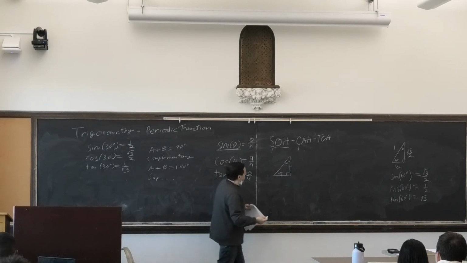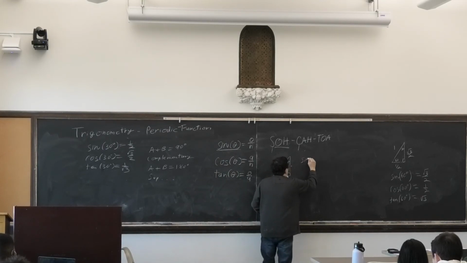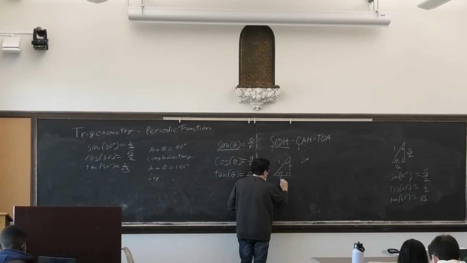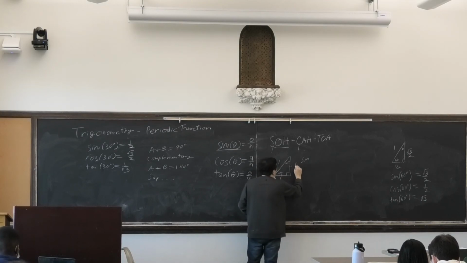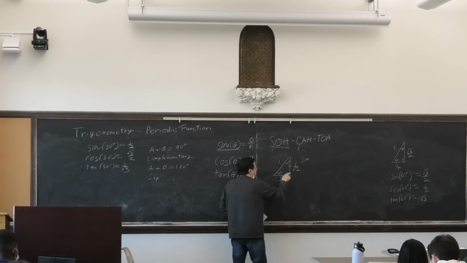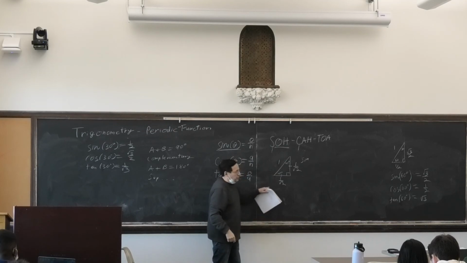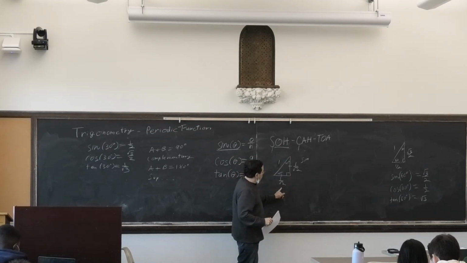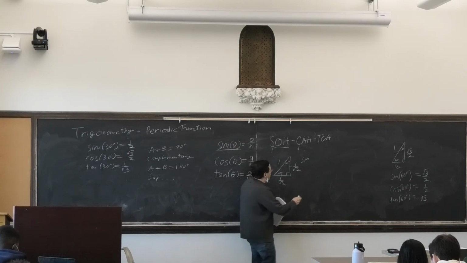Well, that's nice. That means the sine, well, let's get this. If this is 1, this is 1 over the square root of 2, 1 over the square root of 2. You can kind of find these relationships using the Pythagorean theorem, right? A squared plus b squared, that's 1 over the square root of 2 squared is a half, plus a half is 1, right?